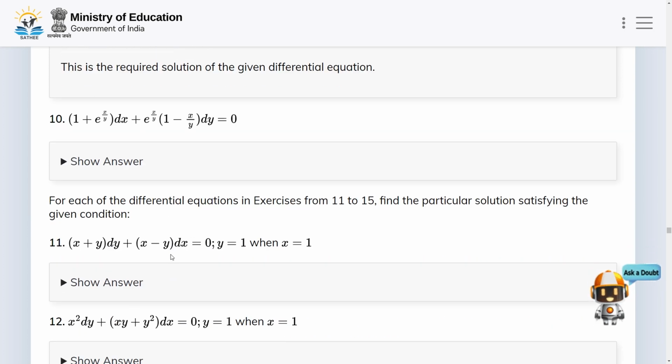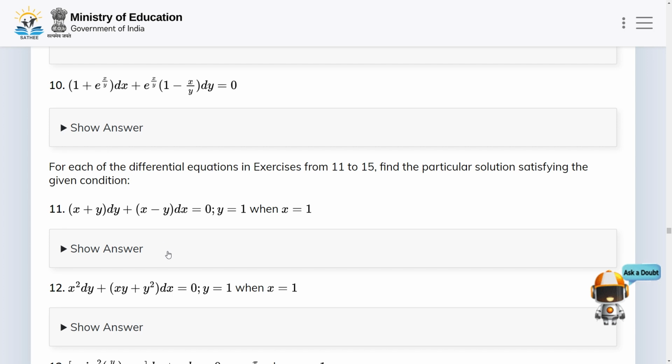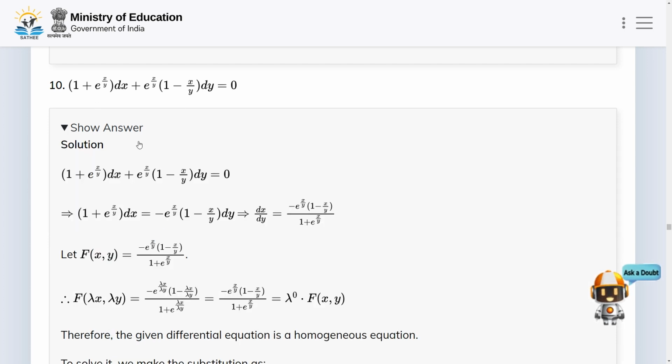Now 10th problem. The 10th problem will be, as you can see, this. So dx by dy is equal to this form. This means capital F will be this. Capital F of lambda x, lambda y can be rewritten as lambda power 0 multiplied by capital F of x, y. This means homogeneous.